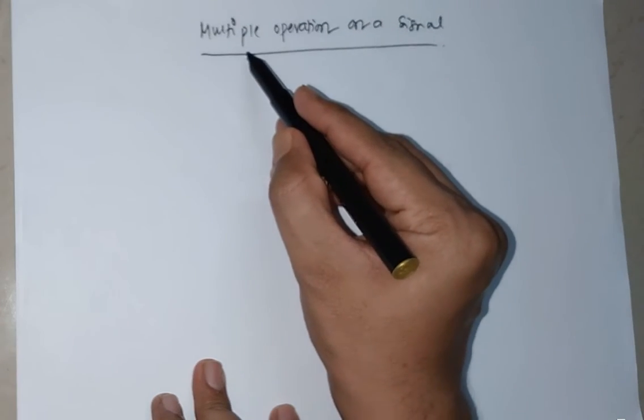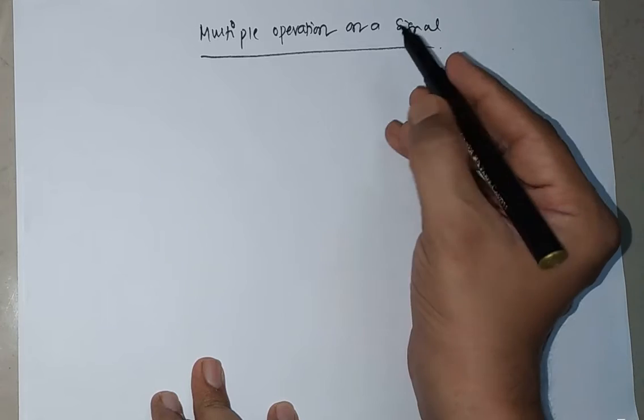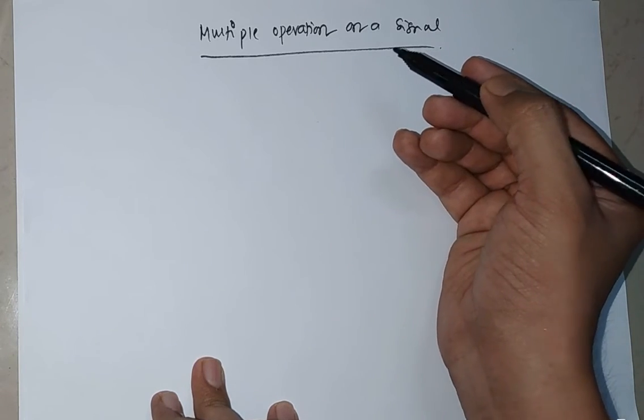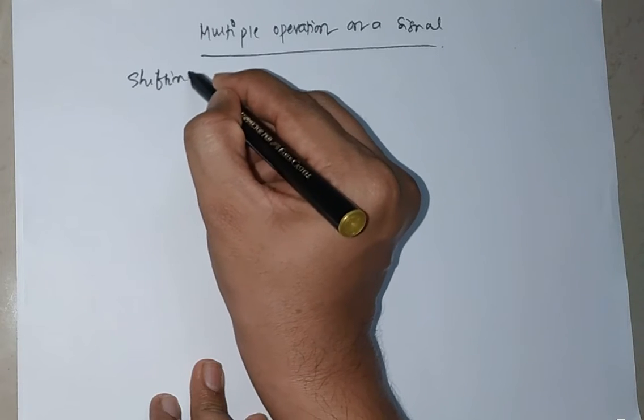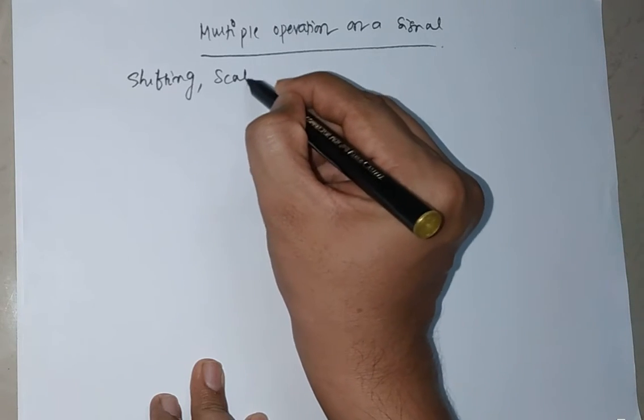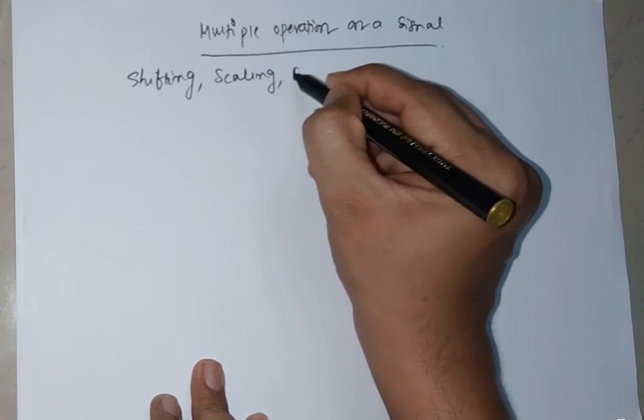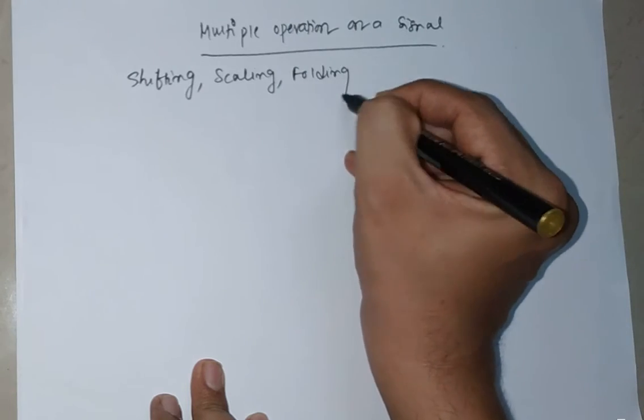Today we will discuss multiple operations on a signal. The basic signal operations you know are shifting, scaling, folding.